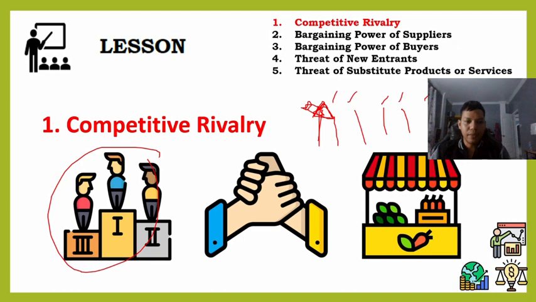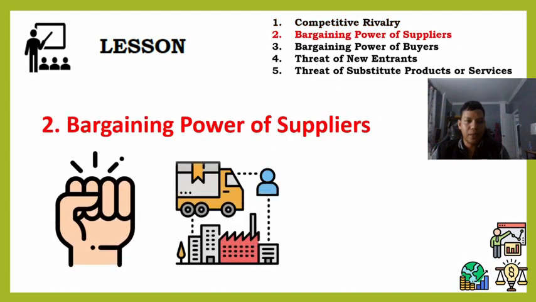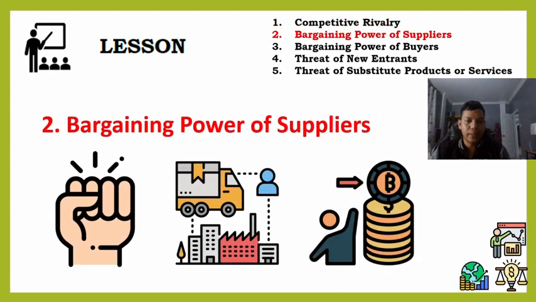Same also with the bargaining power of suppliers. For example, if you only have one supplier, it means that the supplier has the power to ask for a high price. For example, you need raw materials and the supplier of your raw materials is only one.